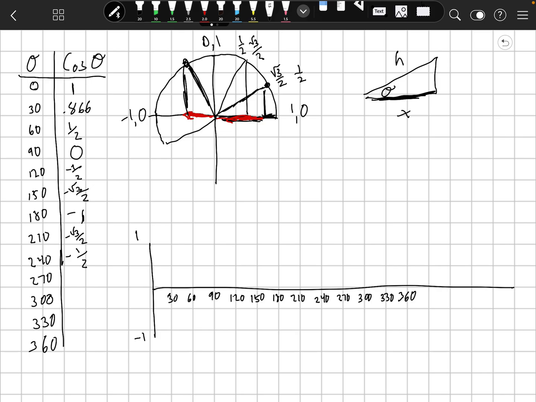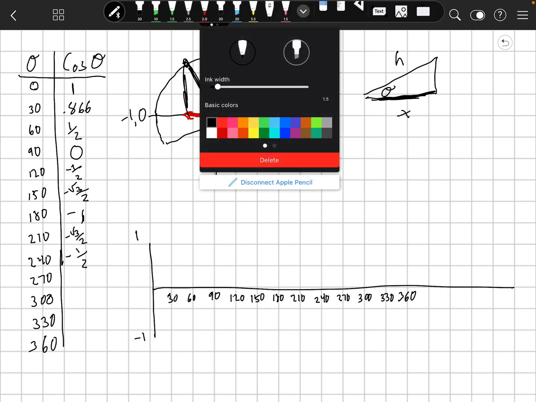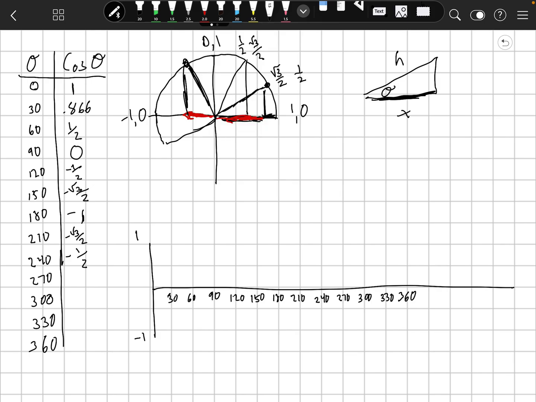Let's see, did I do that in the right order? 210. Let's just draw that one out to help me. 210 is 180, so that's the opposite of 30. Yes, negative square root 3 over 2, -1/2. And then at 270, we're at 0 again. And then an interesting thing happens. Cosine starts to turn positive right here at 300.